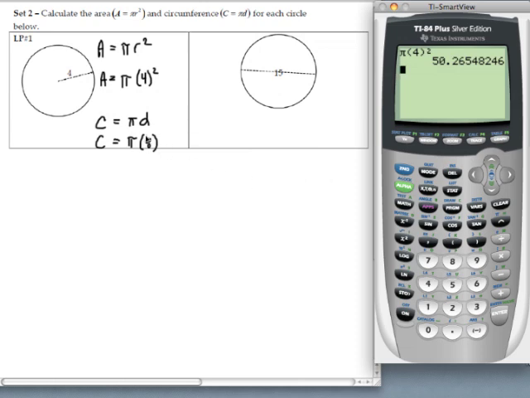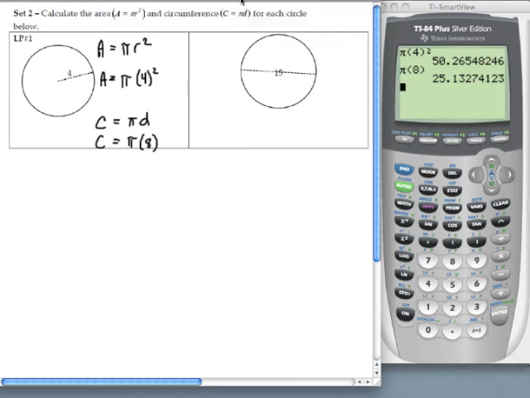Now let's do the approximation for the circumference. Second caret to bring up the pi, parentheses, and type in the 8. Hit enter. And now this is the approximation for the perimeter, or the circumference of the circle. So let's write those down right now.